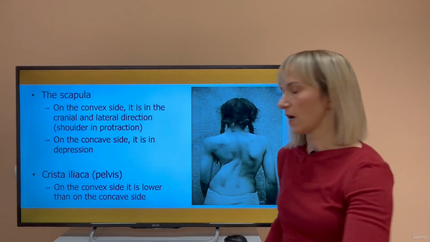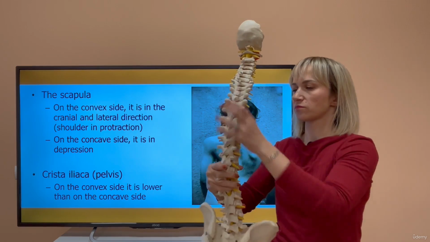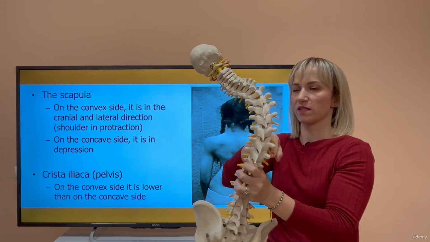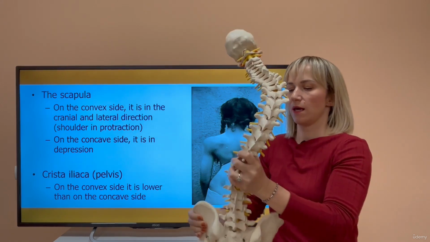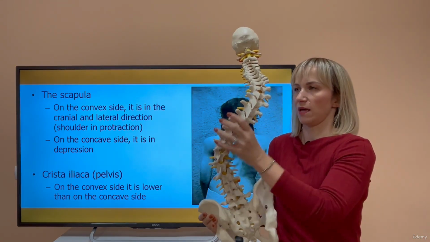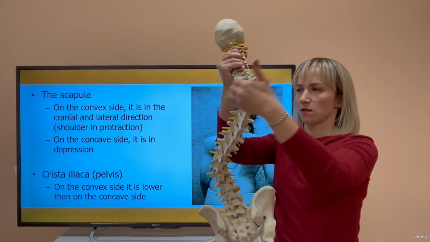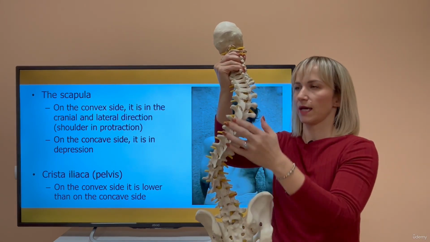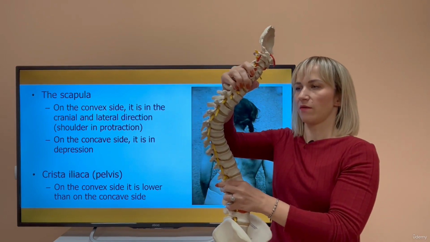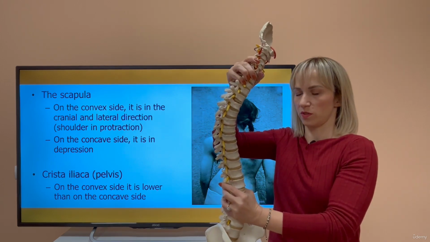So if we take our vertebra, I will explain it again. Here we have, this is the convex side, this is the concave side, okay? And here we have, this is the convex side and the concave side. So, this is the frontal plane, convex, concave, concave, convex, okay? In the sagittal plane, which is this part, we have hyperkyphosis and hyperlordosis or flattening of the ribs.